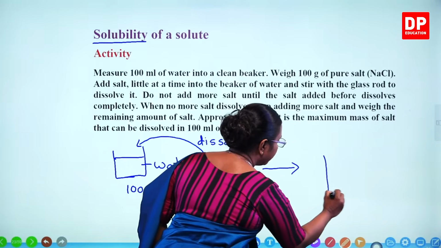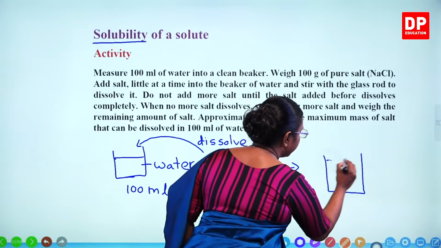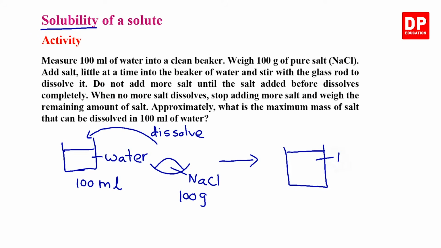Finally, there will be a point reached where you have the sodium chloride solution here, but there will be a small amount of sodium chloride solid remaining in the solution.